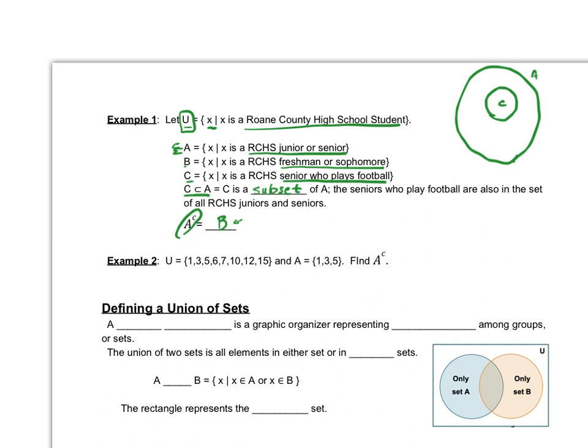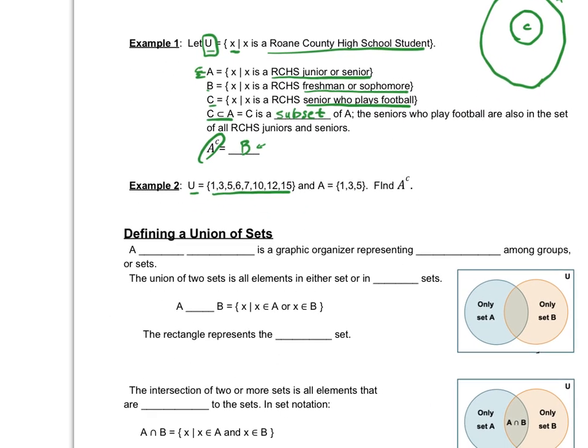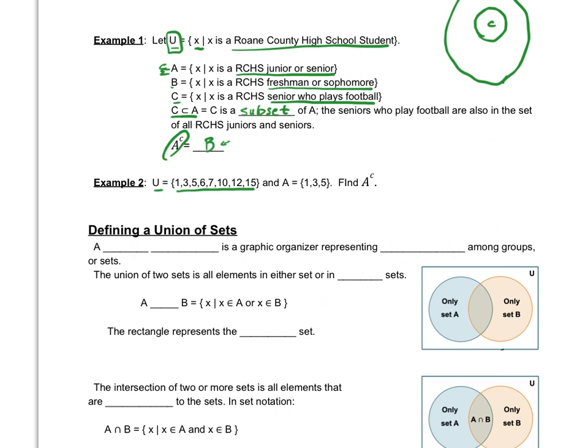So if we look at example 2 here, they've given us a universal set list of numbers: 1, 3, 5, 6, 7, 10, 12, and 15. These are all part of our universal set. Then we have A, which is just 1, 3, and 5.